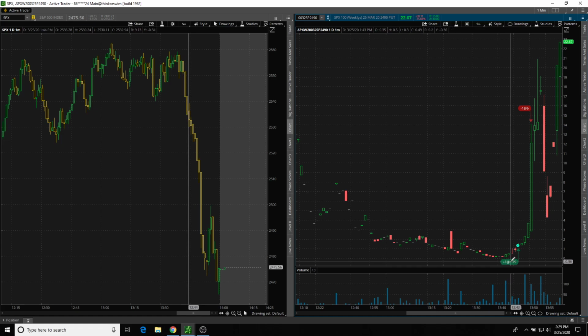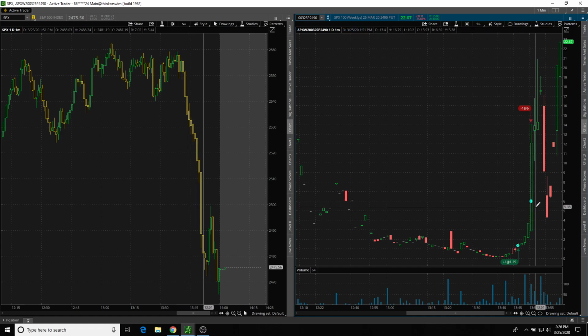So I bought one contract. This is a very small account that I have, at $4.25. And then I immediately entered an order to sell it at $6. So in ThinkorSwim, the label actually gets printed at the high of the candle. So where I actually got filled was right here at $6.